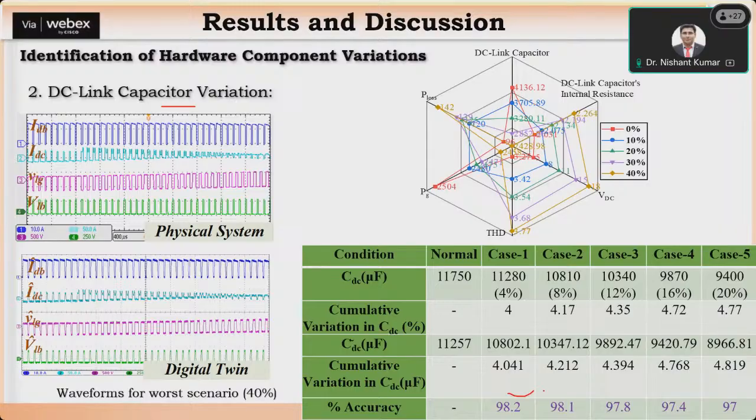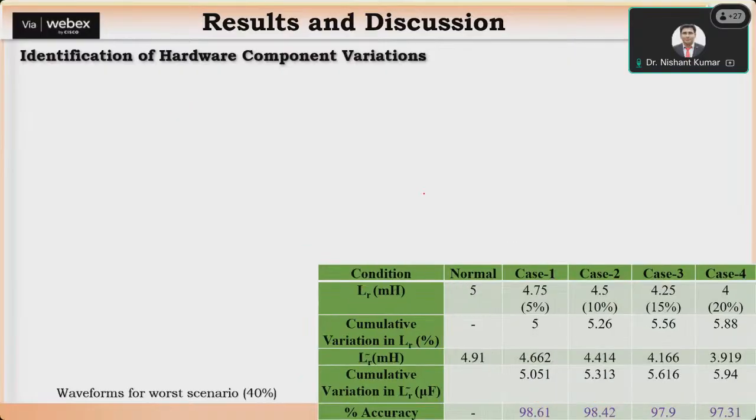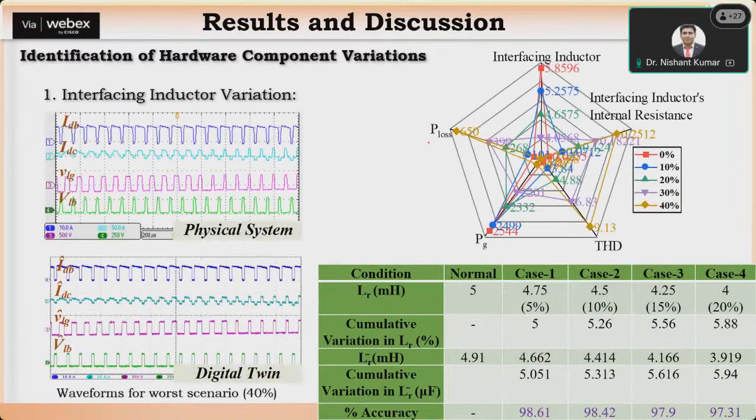The accuracy of the component variation prediction is 97%, 98%, and this is based on multiple factors, because maybe both can happen together. So here we have used AI. By using AI and by monitoring the different features, we can say that. For example, in the case of the inductor, you will see power loss, grid power, THD, the internal resistance of the inductor, and the actual inductance of the inductor.